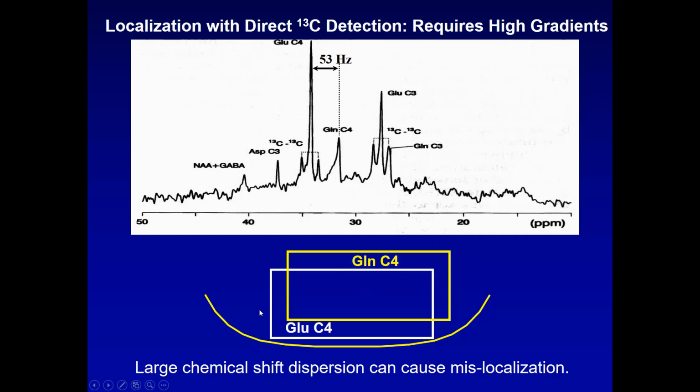So to overcome the chemical shift dispersion error with this approach takes more radio frequency power, and we have limits on that with what we can apply safely. So this worked well for the time, but it's possible to do better.